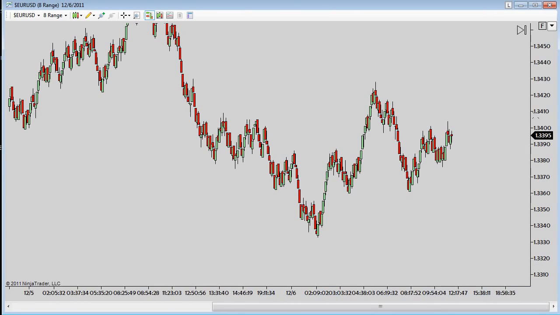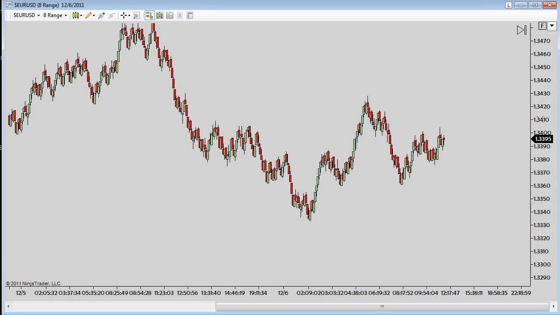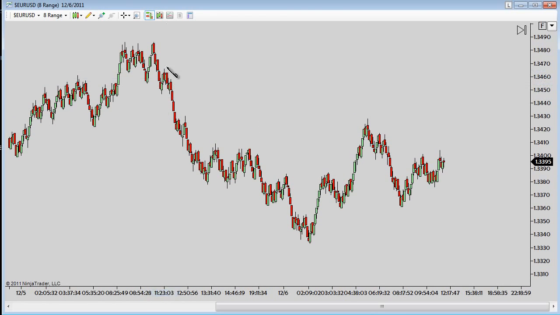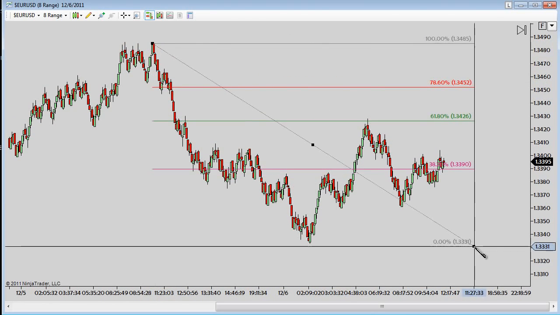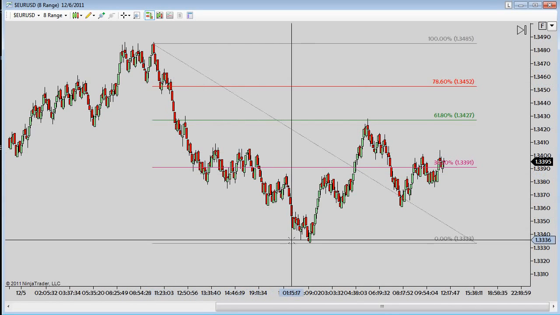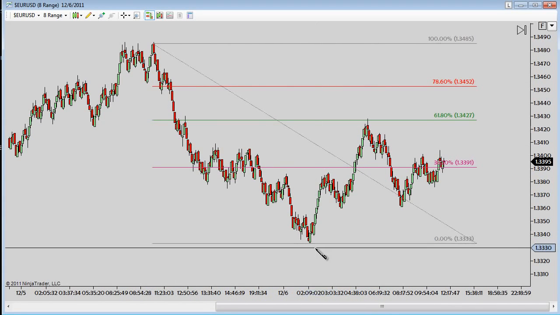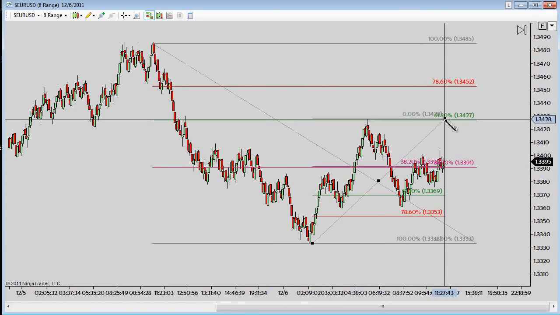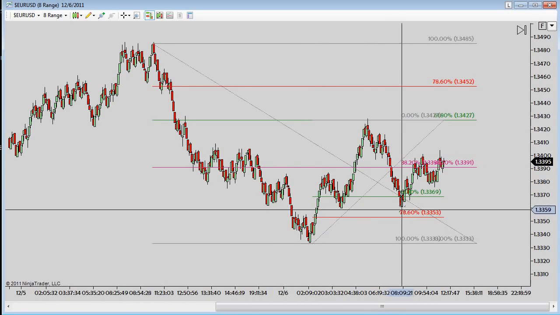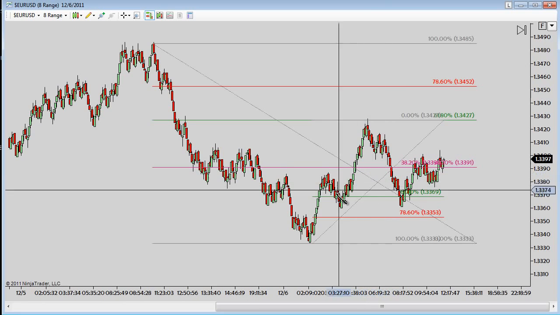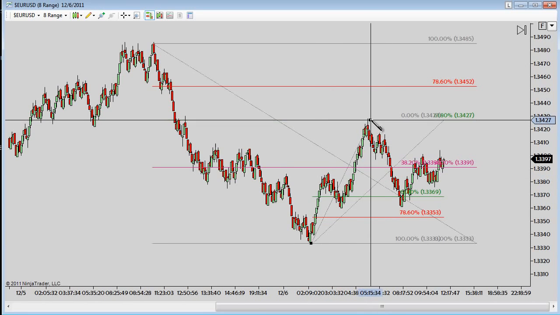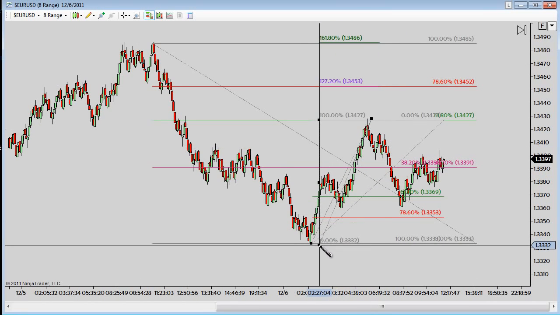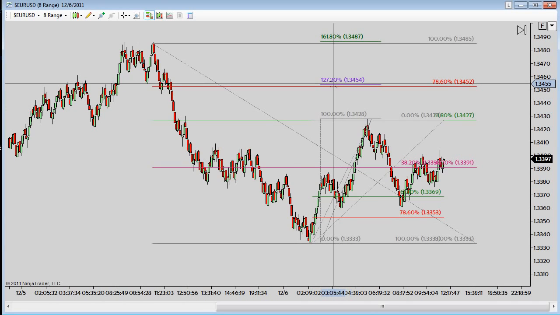If we collapse our chart up a little bit, take a closer look, we're also going to see X to A, 618 retracement, then another 618 retracement back down in here for a potential move into a 127 extension.